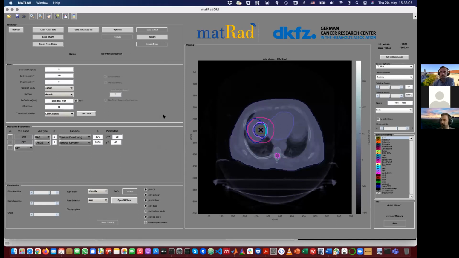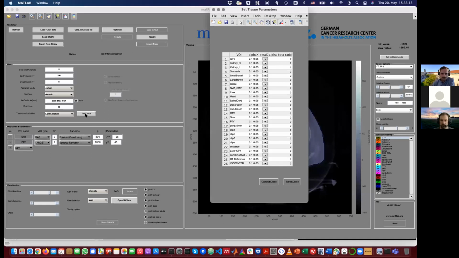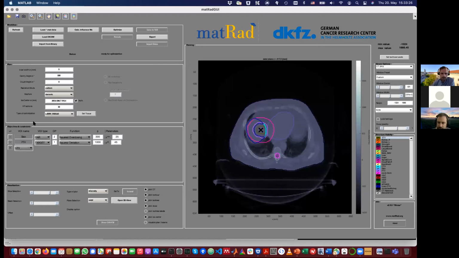Hans-Peter, the standard setting when you change to the liver patient is alpha beta 2 everywhere, right? Yes. You can also check this if you click here on set tissue. Then you see that for every structure the alpha beta ratio is per default set to 2. But for now, I will just leave it at 2.